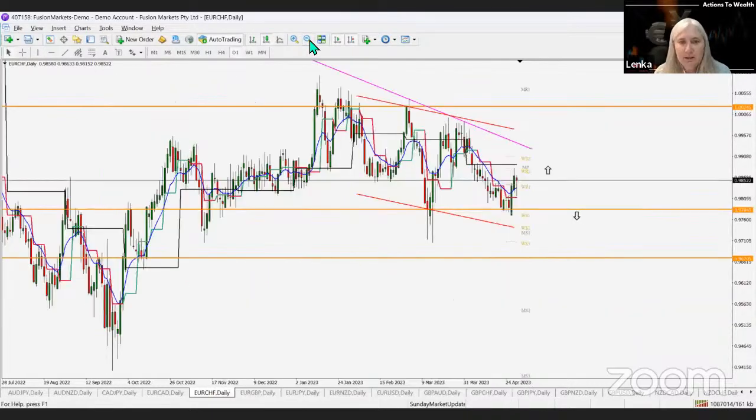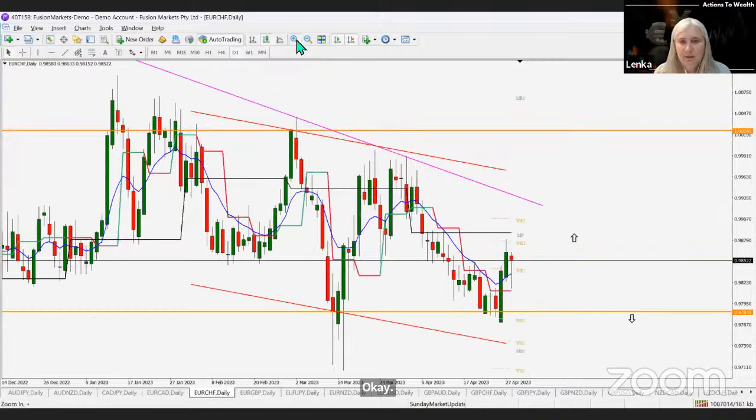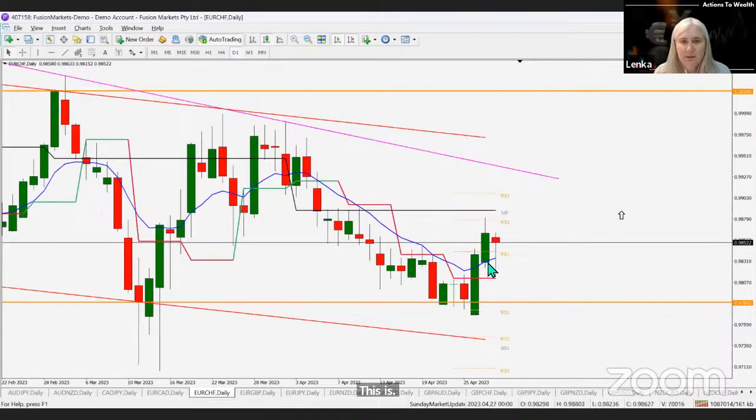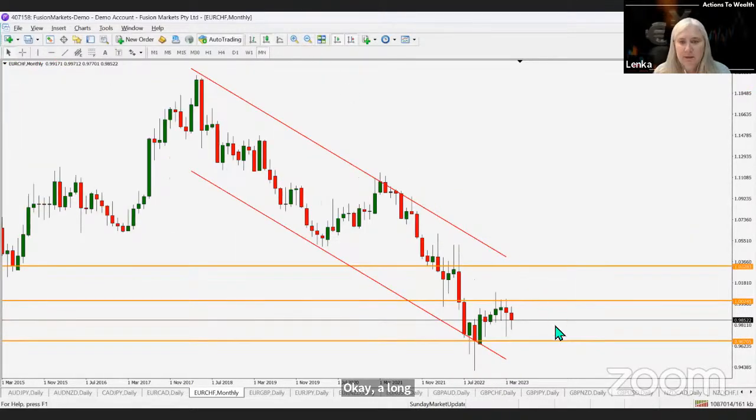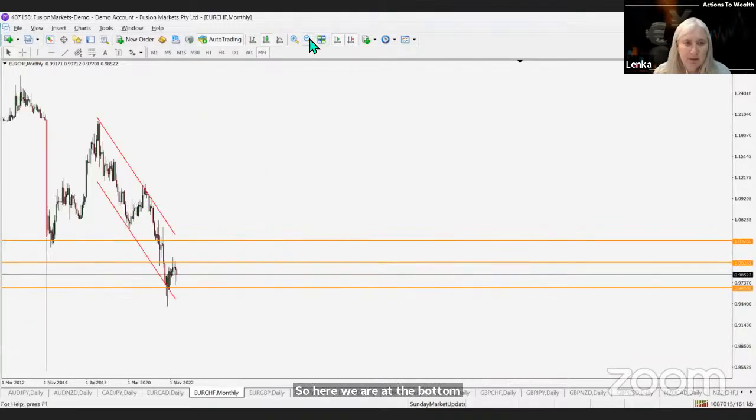Okay. Looking at long opportunities. Let's have a look where we are on the monthly. So here we are at the bottom. How far back?